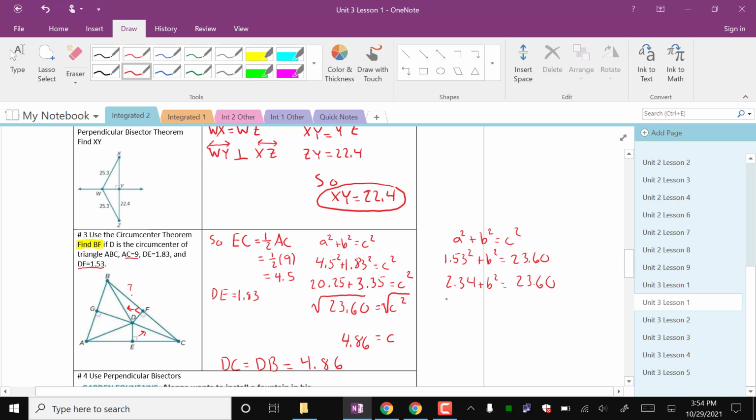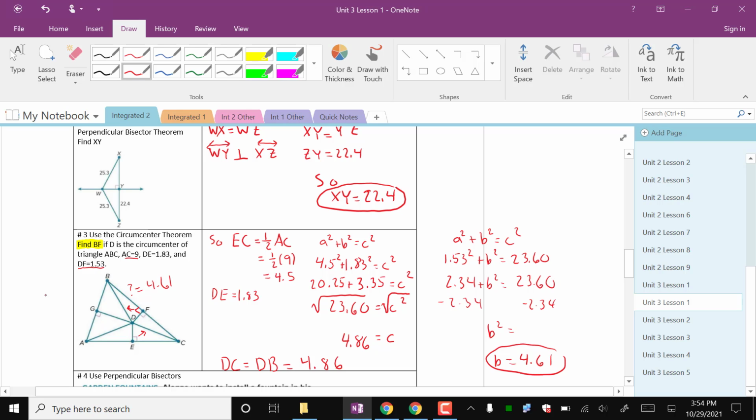So subtract 2.34 from both sides. Then you're going to take the square root. And once you subtract it and take the square root, you're going to end up with 4.61. So BF equals 4.61.